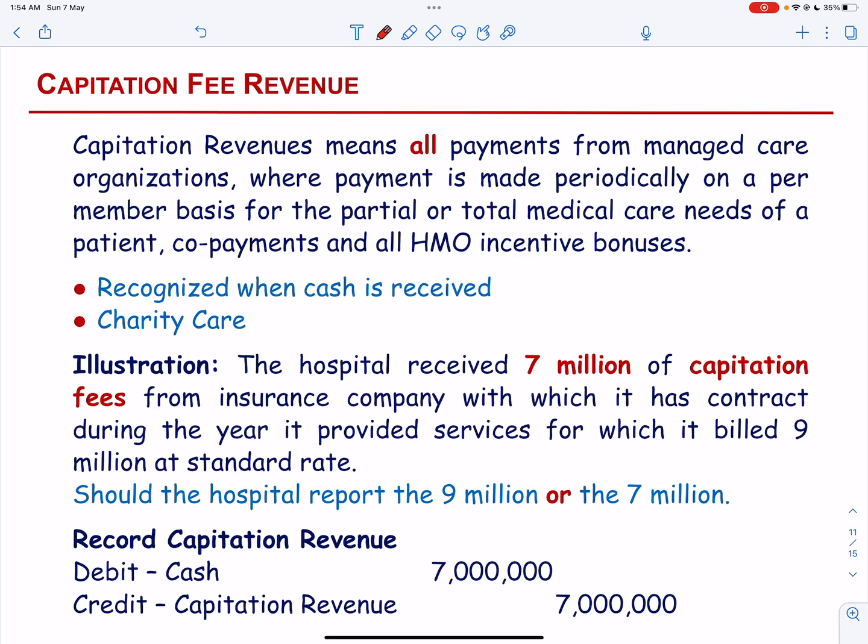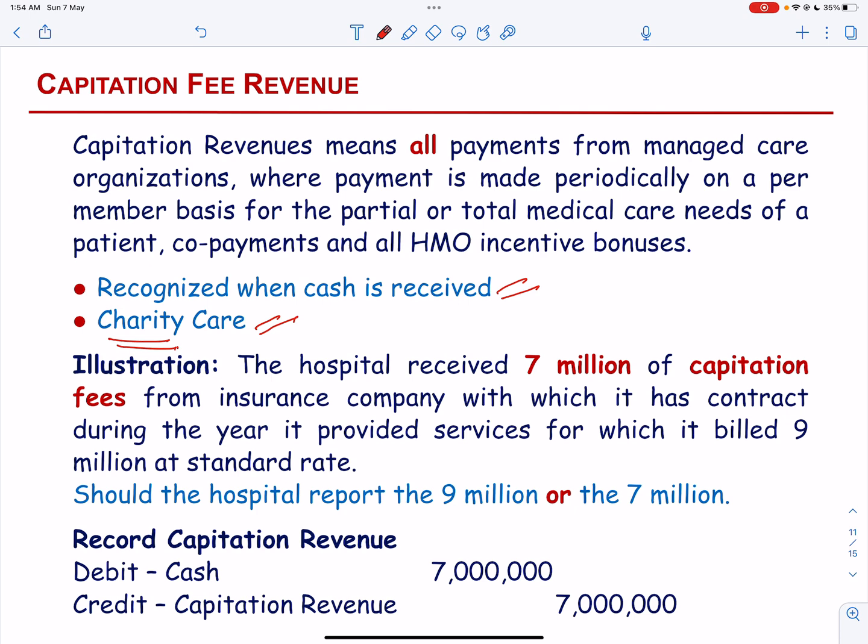We are going to recognize the capitation fee revenue when cash is received, and the hospital may also provide charity care, and a patient may have no health insurance coverage. They may not be having a job, or they may be homeless, they don't have any assets. So in such cases, the hospital may be providing medical care out of charity. So under such situations, the hospital would provide this as charity care, as they don't expect to receive any money from such patients. So let us look into an example.